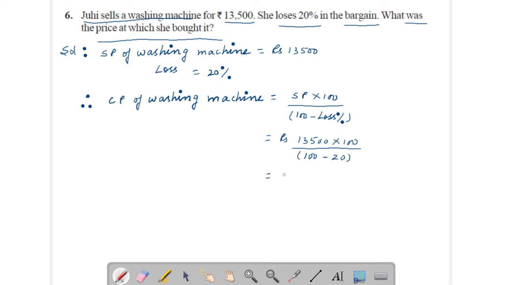It is equivalent to rupees 13,500 into 100 upon 80.